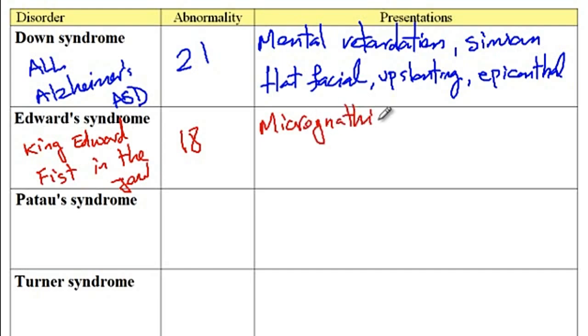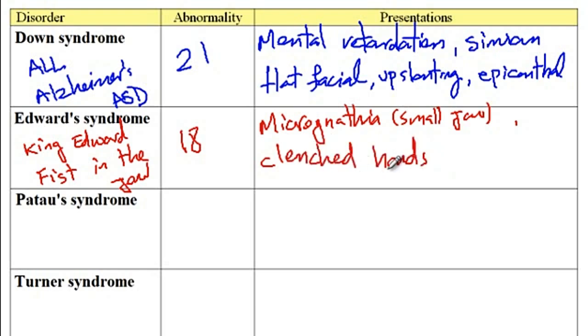micrognathia, which means small jaw, as well as clenched hands, where there is overlap of the index finger with the 3rd finger, as well as the 5th finger with the 4th finger. And so the way this memory aid fits here is that King Edward stands for Edwards syndrome, is punched with a fist in the jaw.